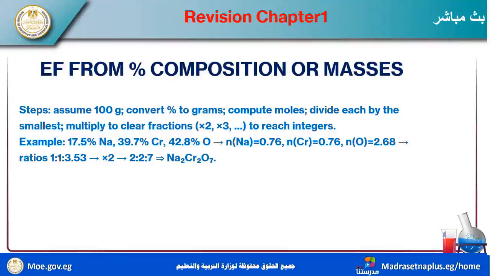How can you do that? By dividing the number of moles by the least number of moles here. Now, if you apply this to sodium, chromium, and oxygen, the ratio is 3.5 times 2 equal to Na2Cr2O7.